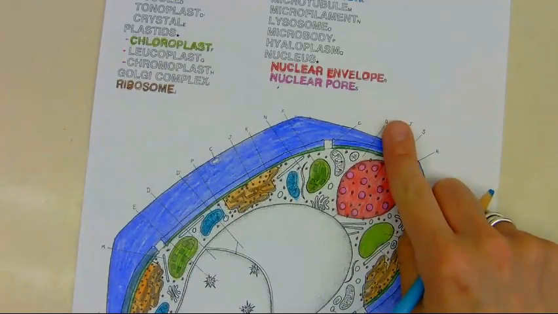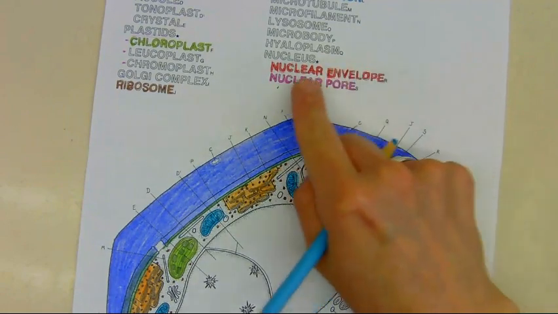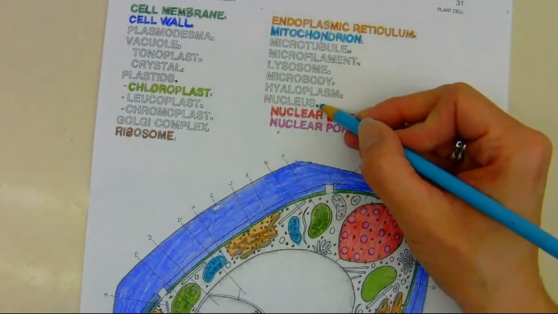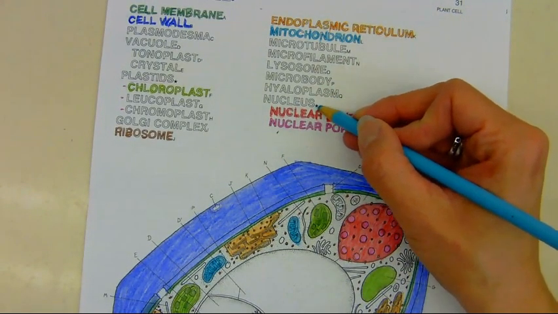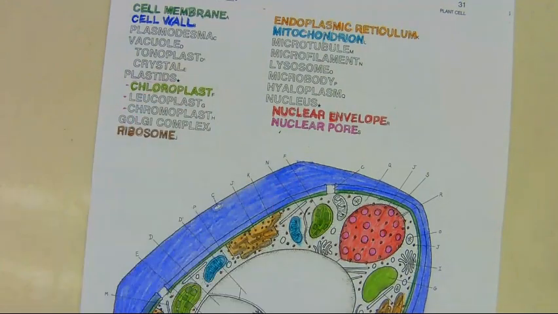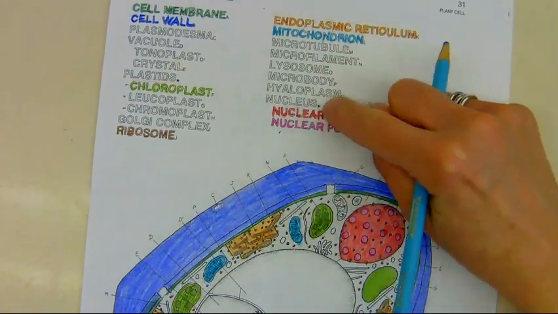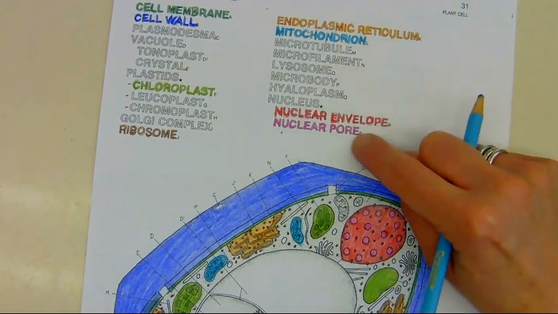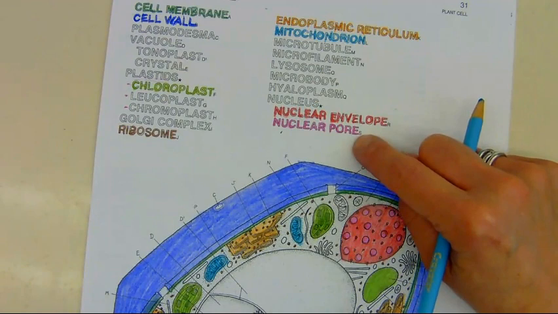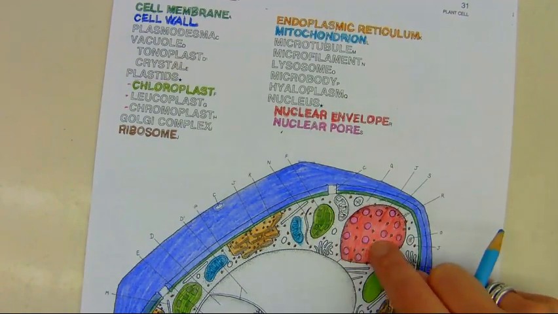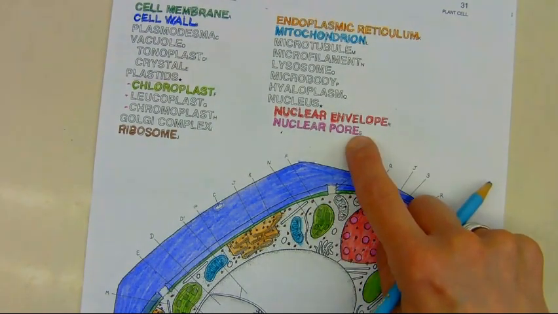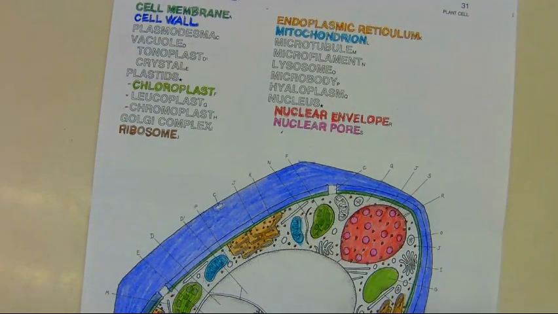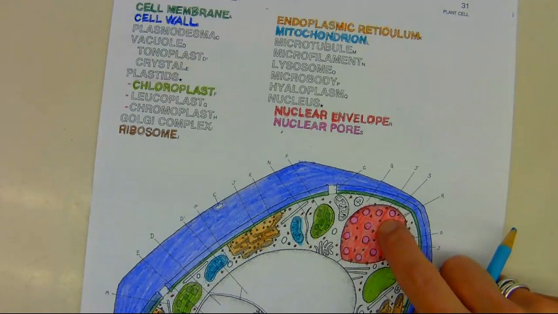Now, one thing I want you to notice is that some of the structures, instead of having a letter next to them, have a star, like the nucleus and the plastids. What that means is the nucleus itself doesn't need to be colored because you're going to color the parts of the nucleus. So I did my nuclear envelope in red and my nuclear pores in pink when I did this before, and then the ribosomes are on top.